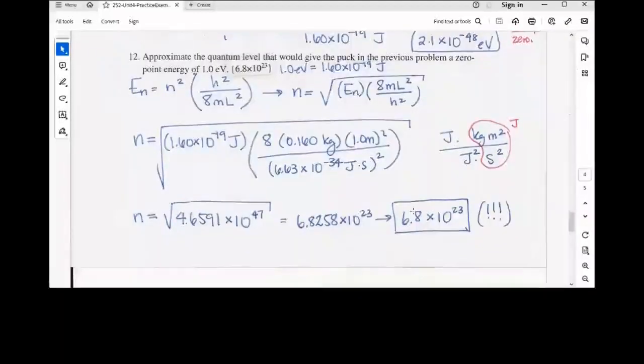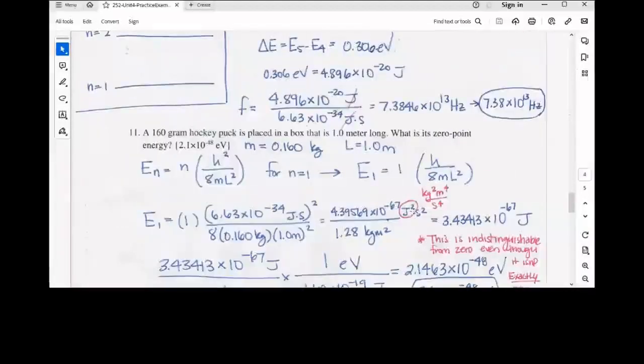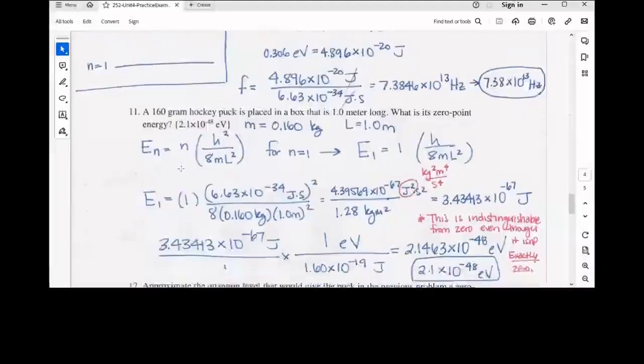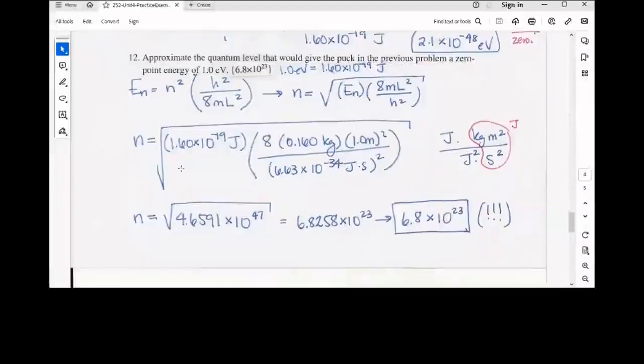Number 12, approximate the quantum level that would give the puck in the previous problem a 0-point energy of 1.0 electron volts. So I've expressed that in joules as well, and I want to point out the subtle difference between the 0-point energy that we determined in question number 11 and the energy that we are assuming here in question number 12.